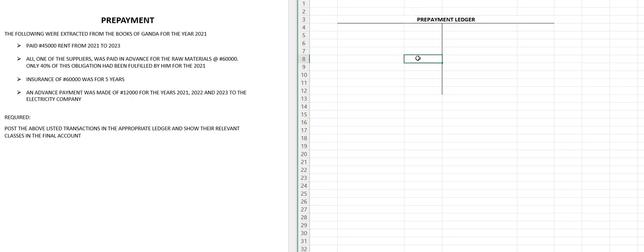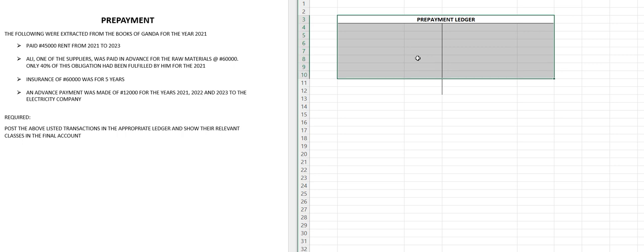So we'll come here on this side of the screen. I've created a T shape here. There are accounts that you have to open, and one of the accounts is the prepayment ledger, or you call it prepayment account.